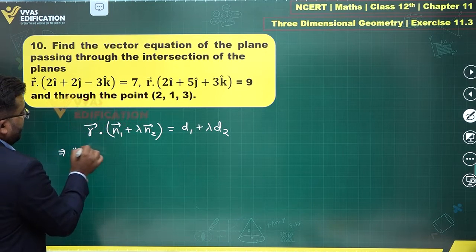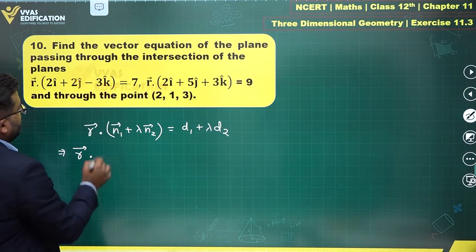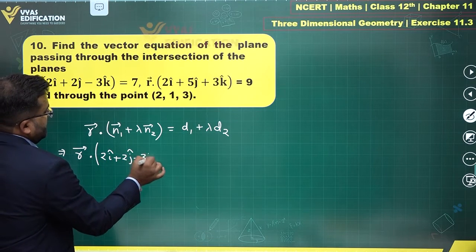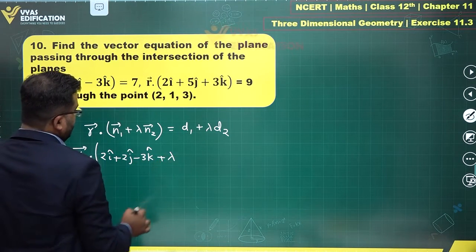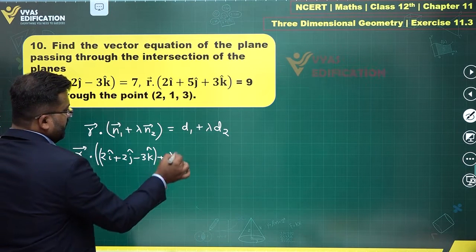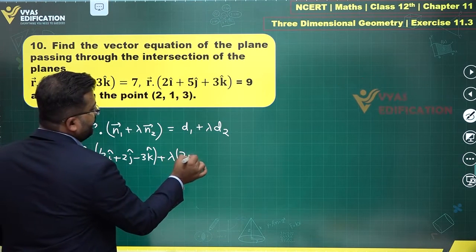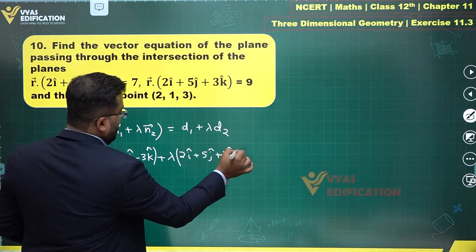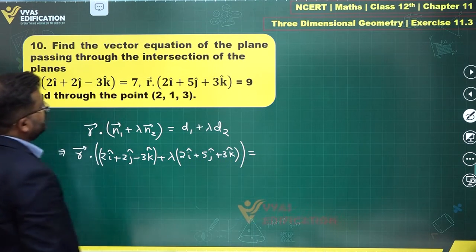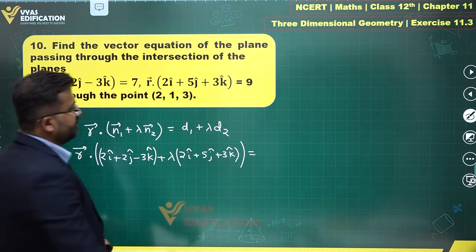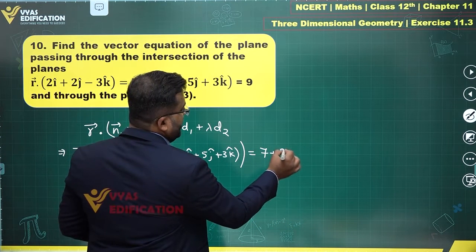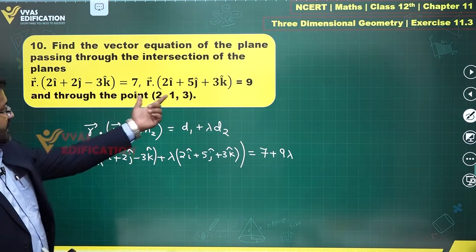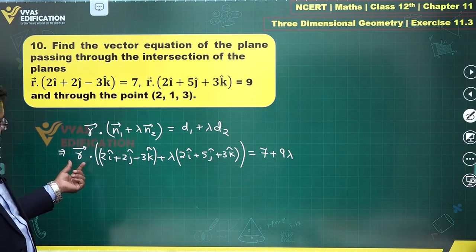Okay, so what do we have over here? This tells me r vector dot n1 plus lambda n2 is 2i cap plus 2j cap minus 3k cap plus lambda times, what do I have? 2i cap plus 5j cap plus 3k cap is equal to d1, which is 7 plus 9 lambda. If I substitute the point 2, 1, 3 over here, this will be 2i cap plus j cap plus 3k cap.